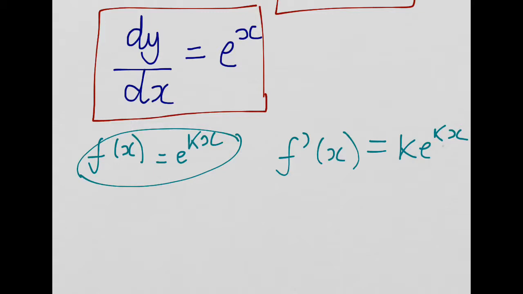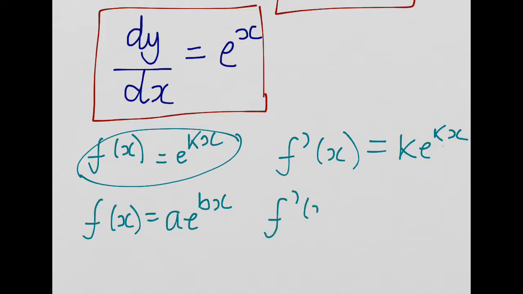So if I move on a stage, I'm going to write this a different way because I want that flexibility in your knowledge. I'm going to now write this as I did at the beginning, a e to the bx, where a and b are constants this time. Then f dashed of x. Well, if I look back to here, what happens? I just multiply by the differential of the exponent. So here's my exponent. What's the differential?